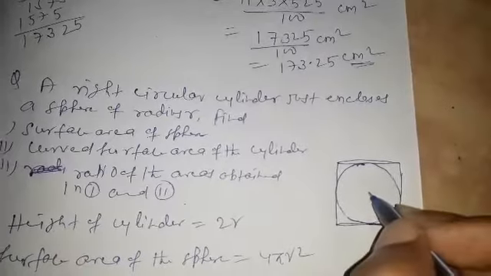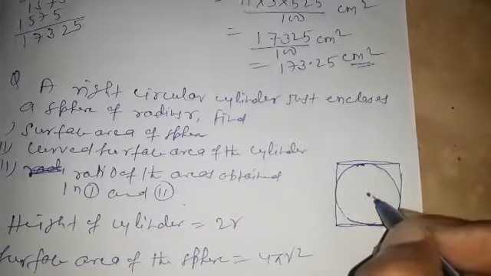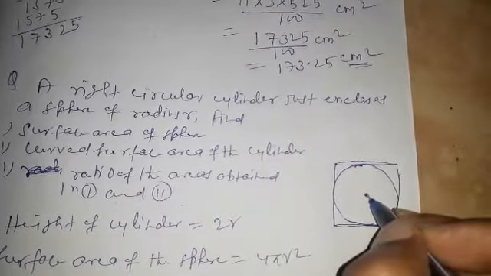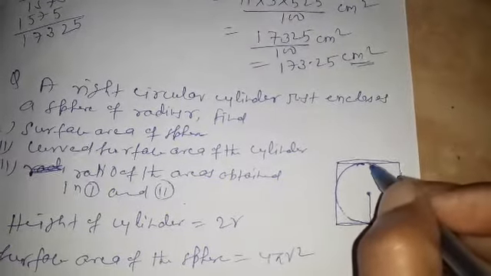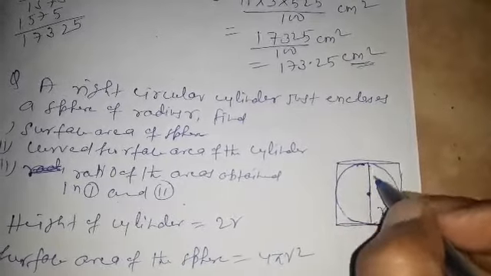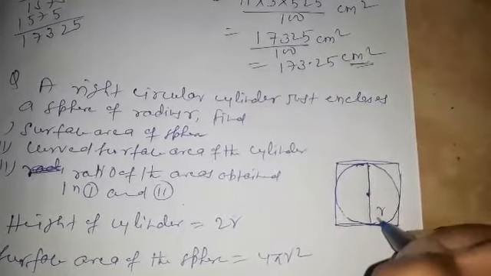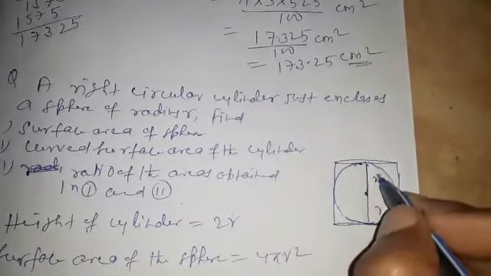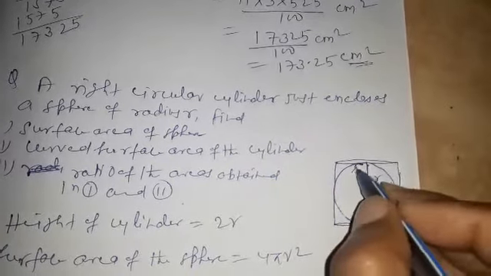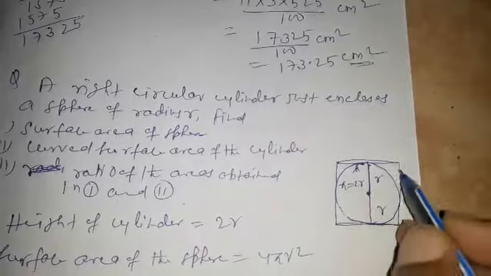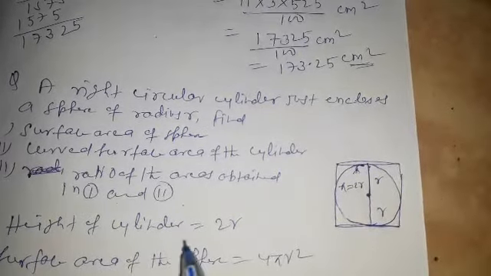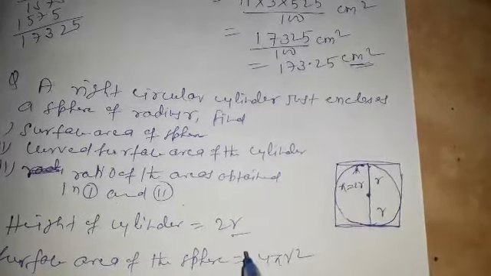Here the sphere has radius r and the height of the cylinder is this. So this height shows the diameter of the sphere. So the total height h is equal to 2r. Now the height of the cylinder is 2r.